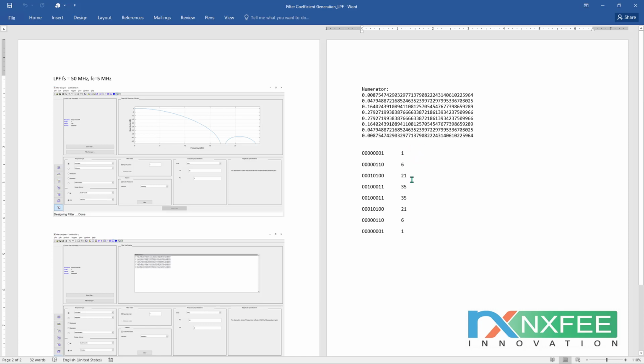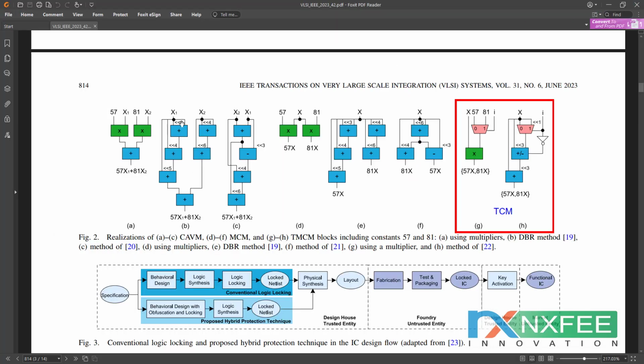So here, for example, for this direct form multiplier, how can we develop the equation? For example, I will draw one equation. Here I will write 1 x1 plus 6 x2.